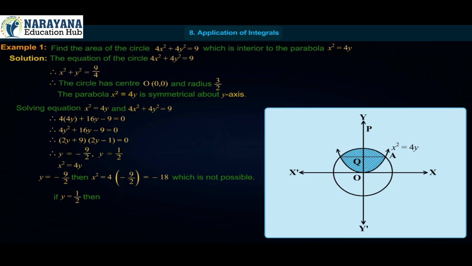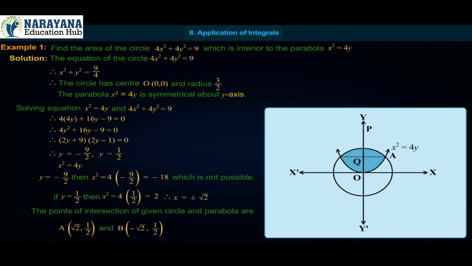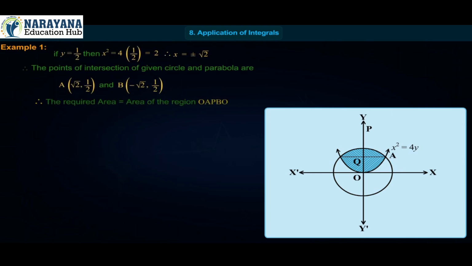If y = 1/2, then x² = 4 × 1/2 = 2. Therefore, x = ±√2. Therefore, the points of intersection of the given circle and parabola are A(√2, 1/2) and B(−√2, 1/2).